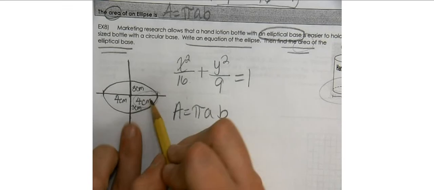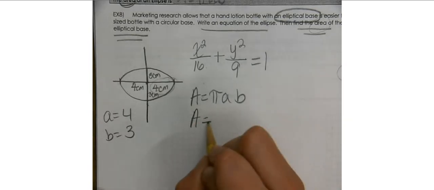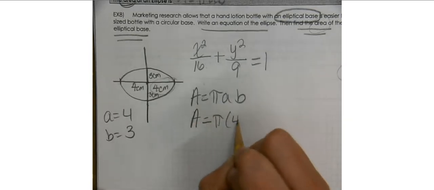So that's my equation of this ellipse centered at 0, 0. We're just going to assume that's centered at 0, 0 because they didn't give us any other information. And now what we want to do is find the area. Now, our area is going to be equal to pi times A times B. Our A value in this case is 4, and our B value is 3. So I'm going to write area is equal to pi times 4 times 3.